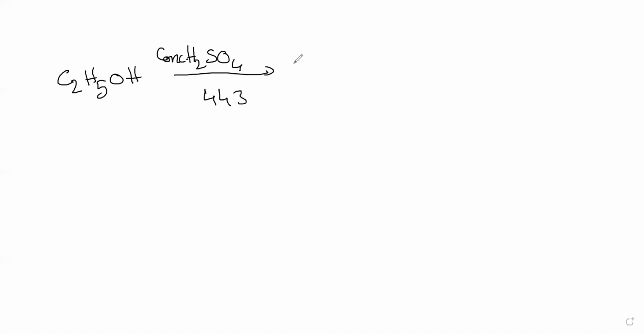Now there is a small change when we do C2H5OH. It's just the temperature, it's very, very important. Concentrated H2SO4, and when you heat it to 443 Kelvin, you get an alkene, C2H4, plus H2O.